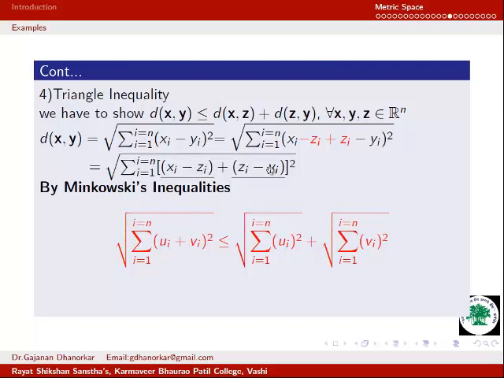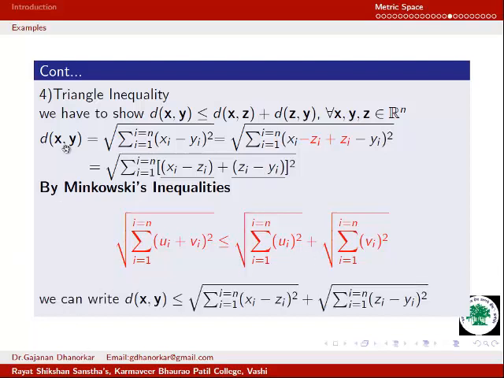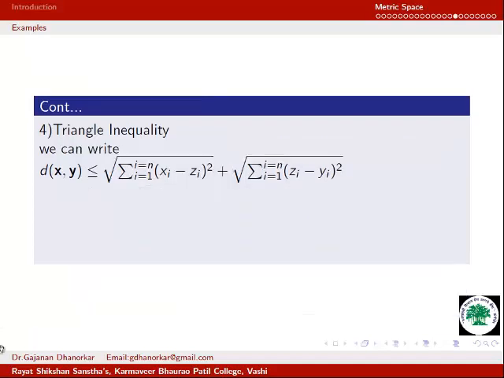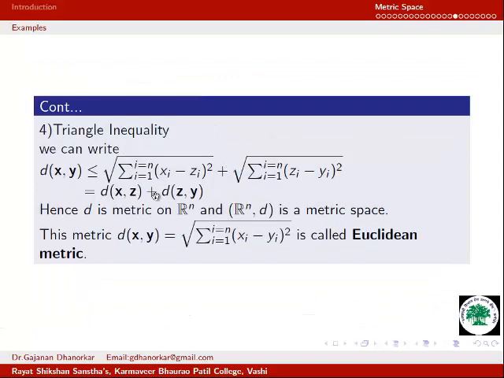Applying Minkowski's inequality here, we get d of xy is less than or equal to, now this is our u, therefore this is u square, that means this bracket square plus this bracket square, and we know that this is nothing but the definition of d of xz plus d of zy as per our given definition of metric. Therefore we can write here d of xz plus d of zy, and this is our triangle inequality.